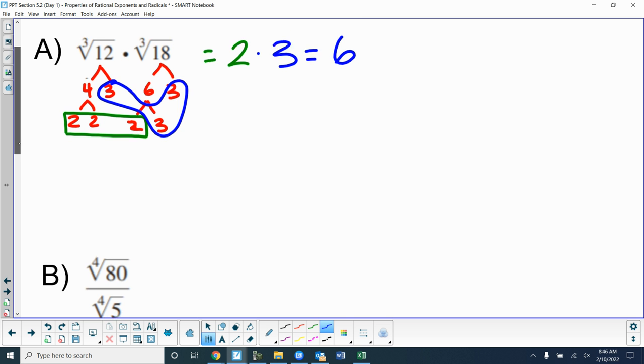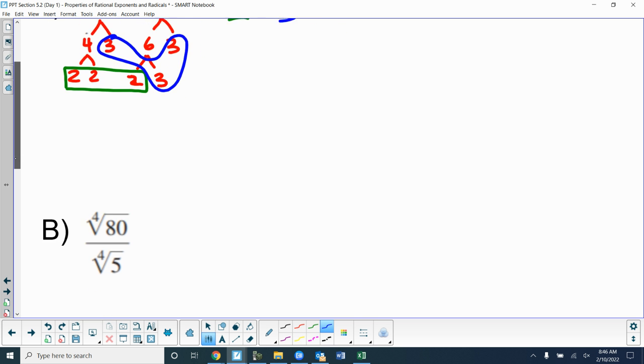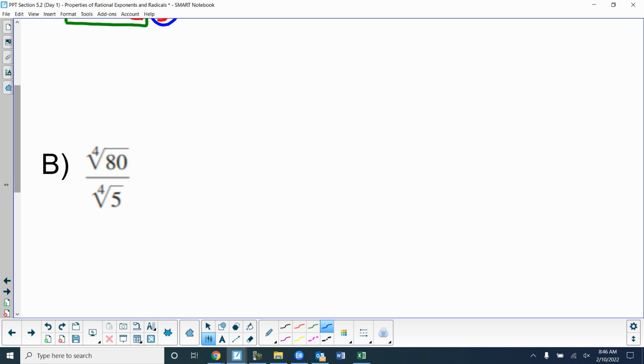Do we have to factor tree? Or do what? Calculate? You can do calculate. Since these are both the same root, does 5 go into 80? Does. Yeah, how many times? 16. And then that's 4 times 4, 2 times 2.